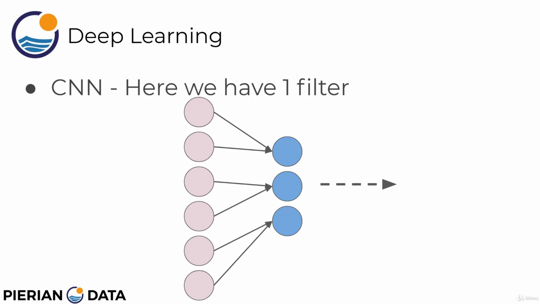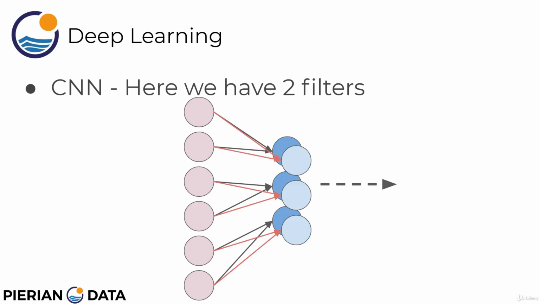Because of this convolutional layer with localized connections, these localized connections end up creating this filter. And the network itself is going to figure out the best weights for this filter. And so what we could do is then maybe add another filter. As you're training your convolutional neural network, you get to decide how many filters you want to apply to this image, and have the network learn the best weights for the filter.